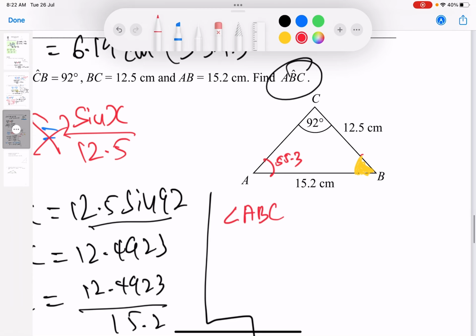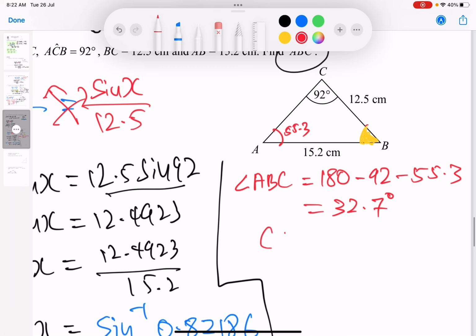Angle ABC would simply be 180 minus 92 minus 55.3, which gives you 32.7 degrees. The reason? Angle sum in a triangle. That's it. That's how they try to make your life a little bit more difficult.